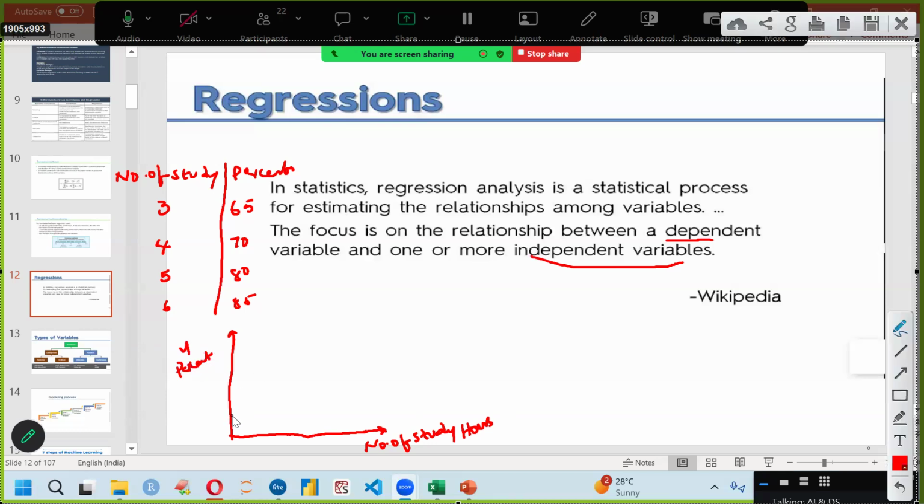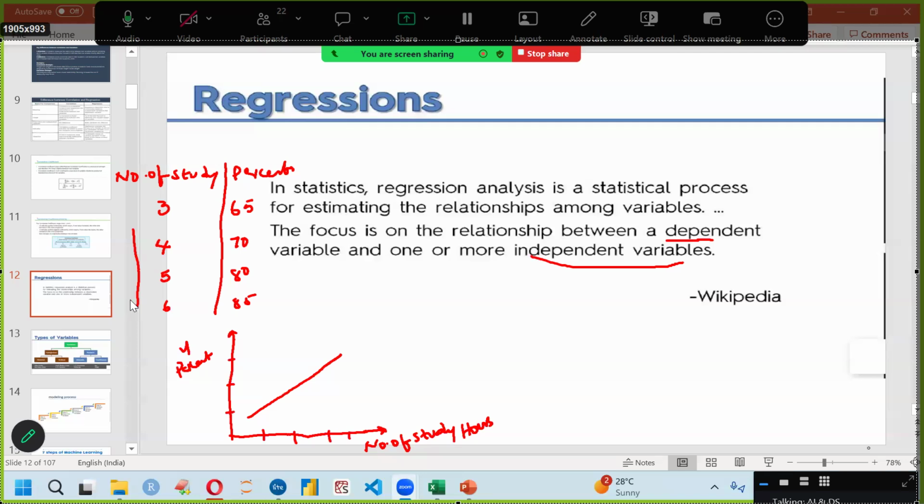This is 65, 75, consider like that. This is 3 hours, 4 hours, 5 hours, and so on. If you plot, you'll get a visualization like this. Here it is showing a positive correlation. If the number of study hours is increased, the percentage is also increased.